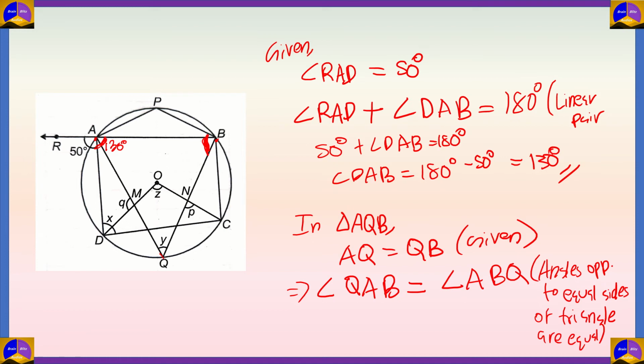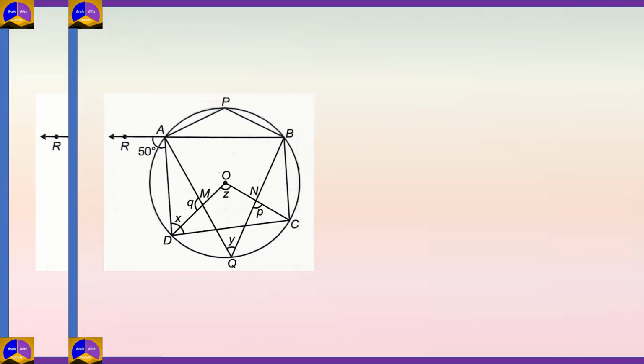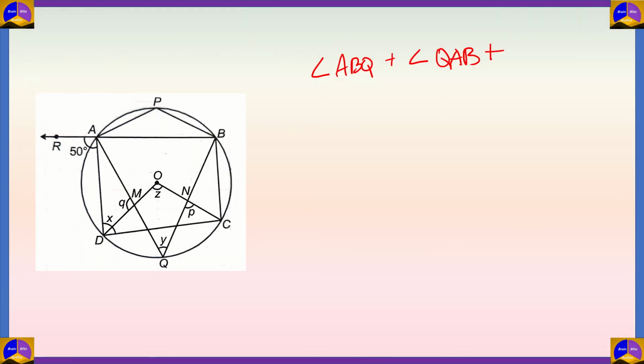So with this, we can also form the formula that angle ABQ plus angle QAB plus angle AQB is equal to 180 degrees. Reason is angles of a triangle always add up to 180 degrees.